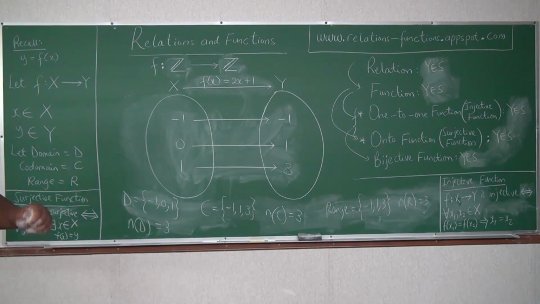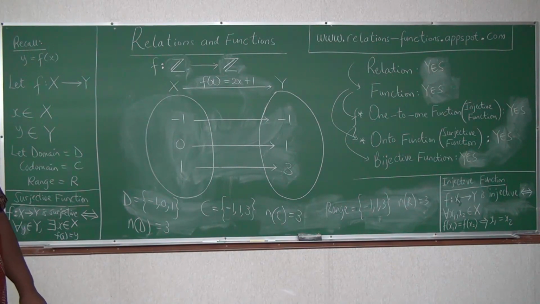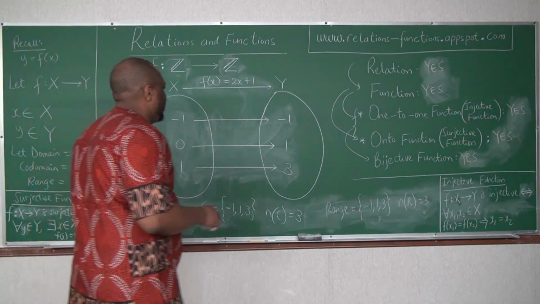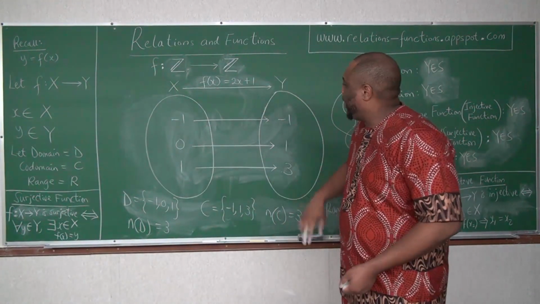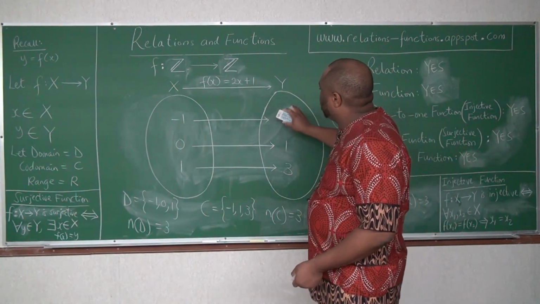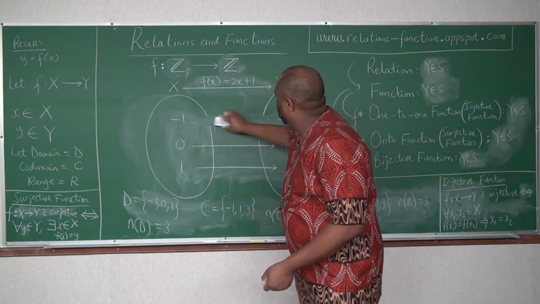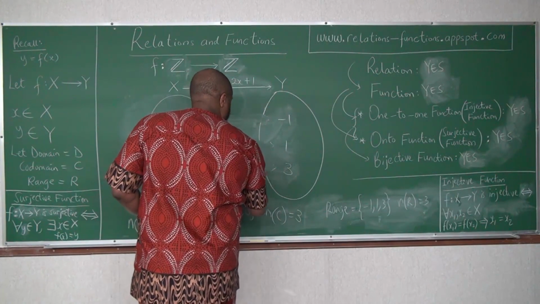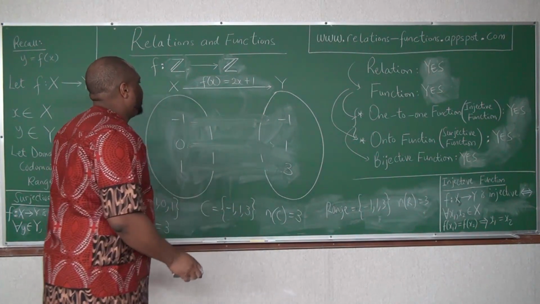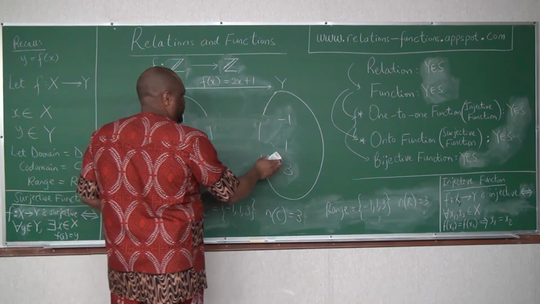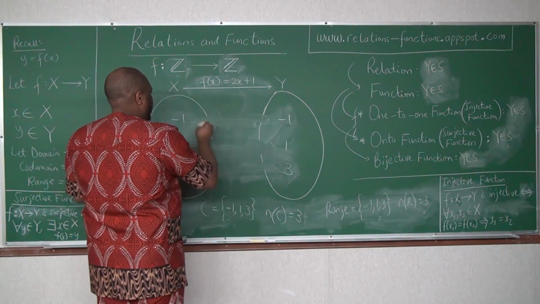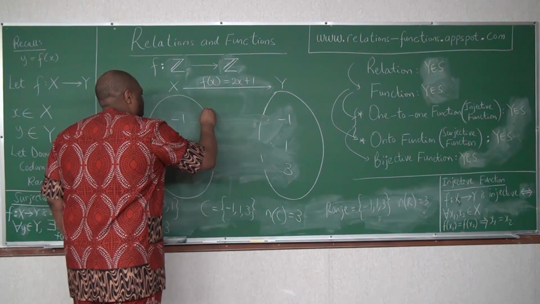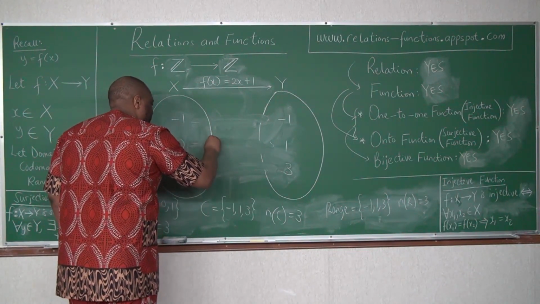What if we have this? We still have this here, but I'm going to do some things. This same example, from integer to integer.